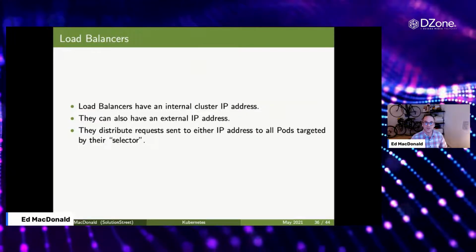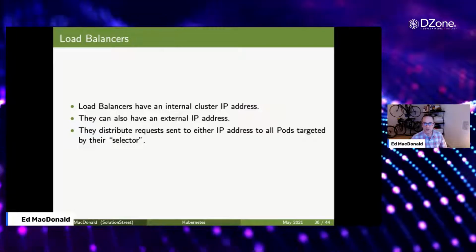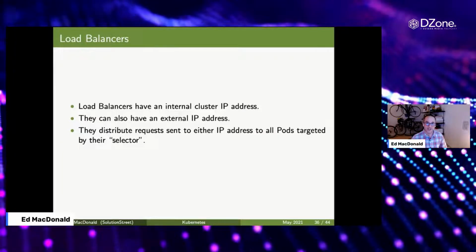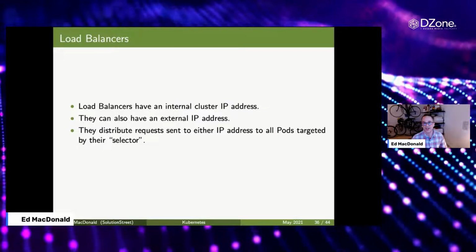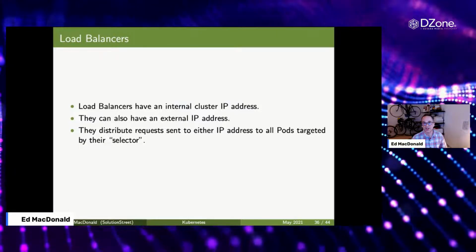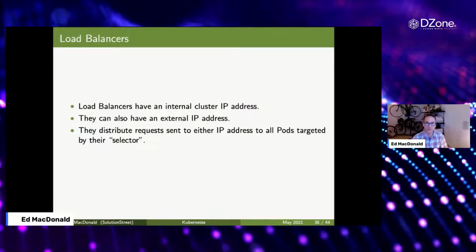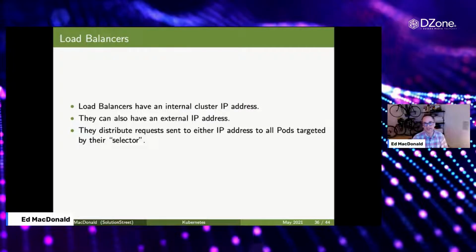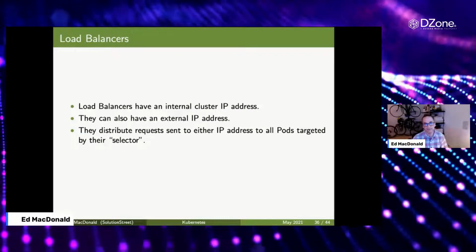So load balancers are one way that you can expose your app to the outside world by giving it an external IP address. This is how I set it up in Azure. Usually there's a cloud-specific, implementation-specific way of assigning the external IP address.